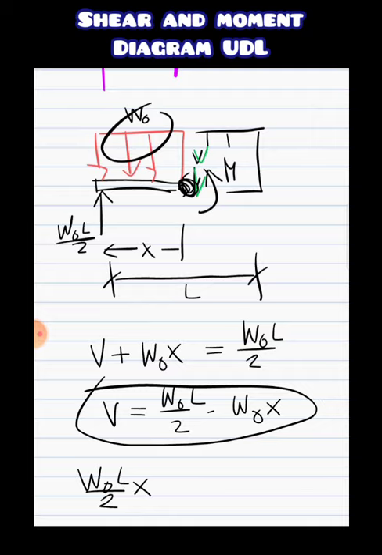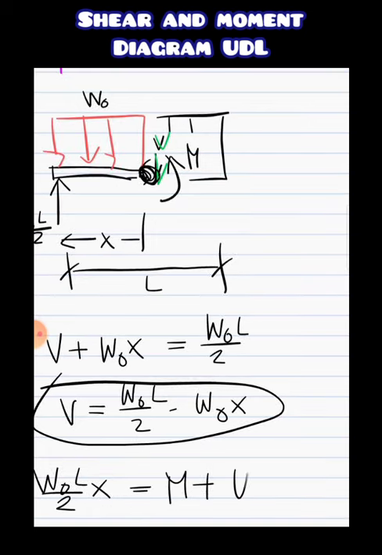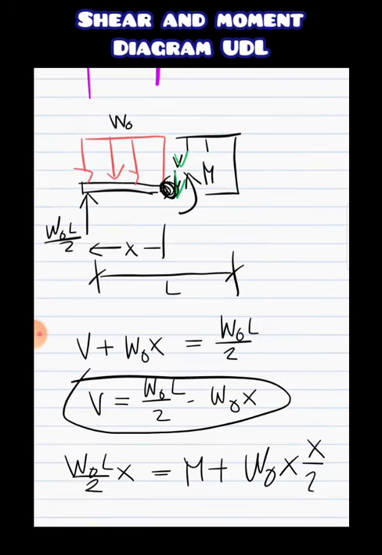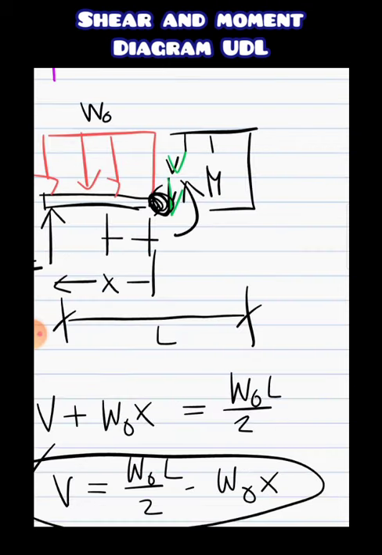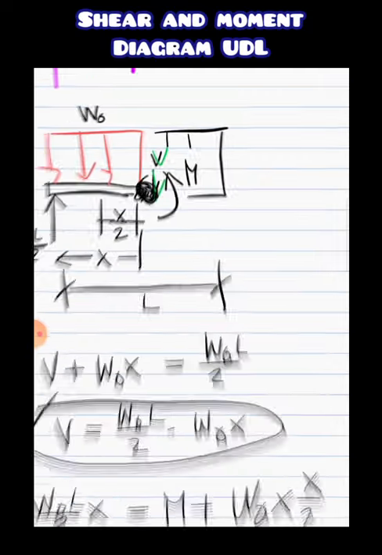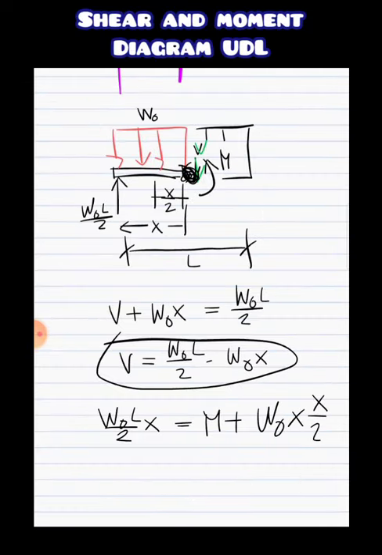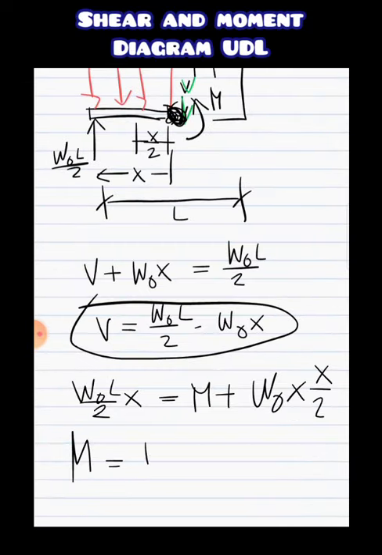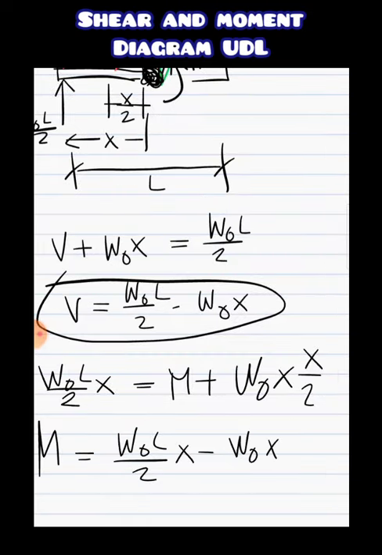And also this one, so we will have M plus this W times X, and its moment arm is X over 2. This is just the magnitude, and its distance from the point we're taking the moment, or at the cut, is X over 2. So that our M must be WL over 2 times X minus WX squared over 2.